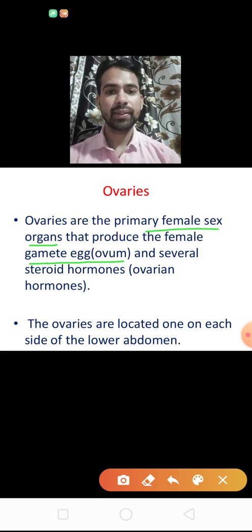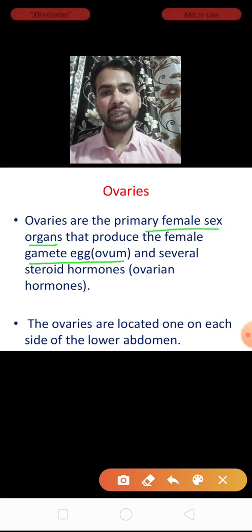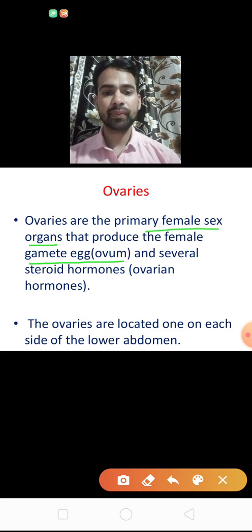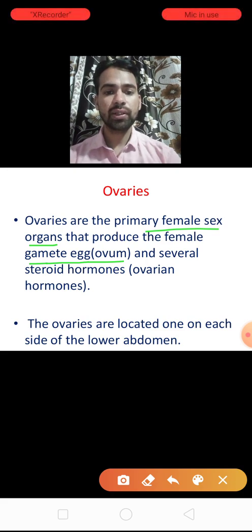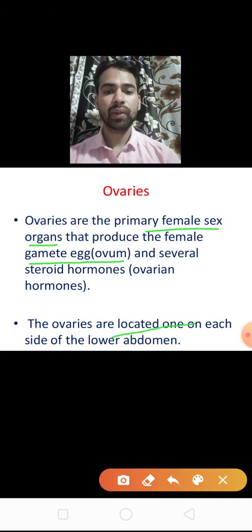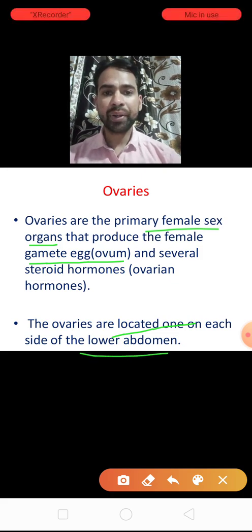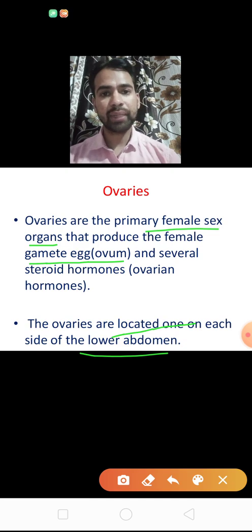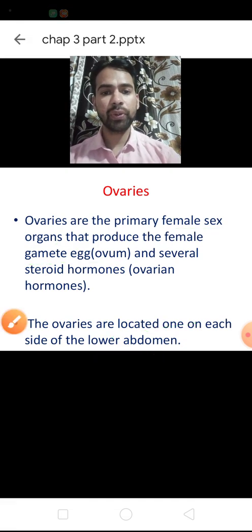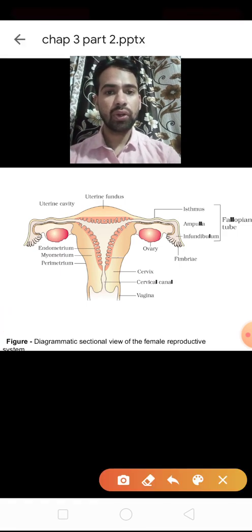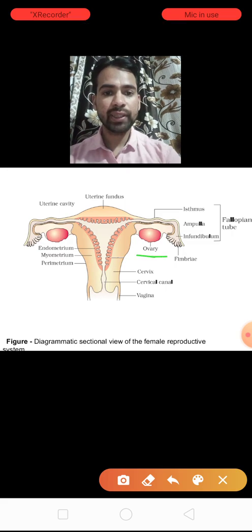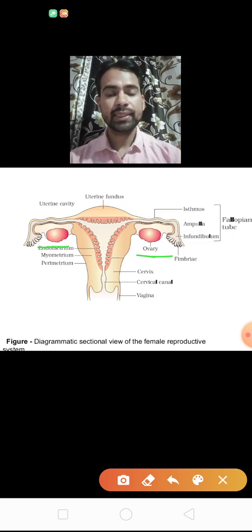Okay, the two ovaries, as I told you, are found in the female reproductive system, and these ovaries are located on each side of the lower abdomen. Okay, I'm showing a picture of the ovary in front of you. Just see here the two ovaries that are found in the lower abdomen, first and second.